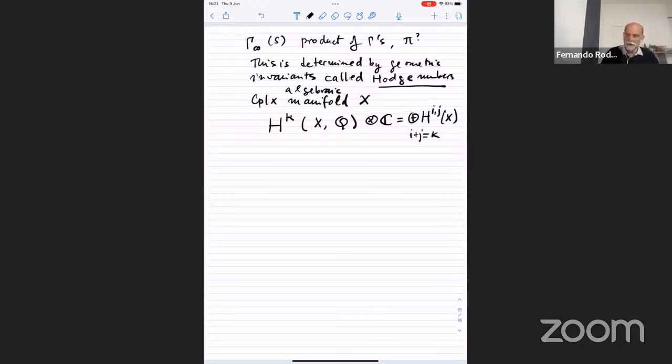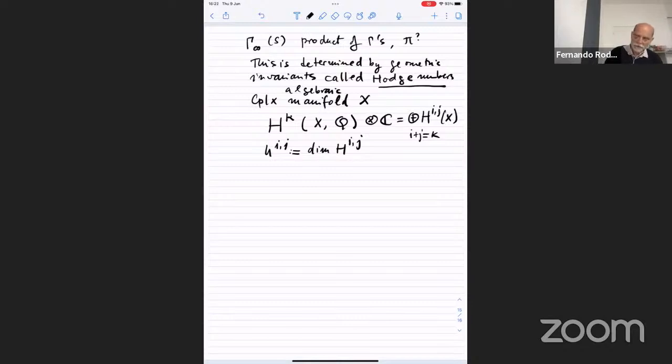Roughly speaking, H^k corresponds to k-differential forms, and the i and j have to do with how many dz's and how many dz bars there are when you write that differential form in complex coordinates. These are important invariants of these algebraic or Kähler manifolds, and what we're going to keep from them is the dimension of the corresponding subspace.